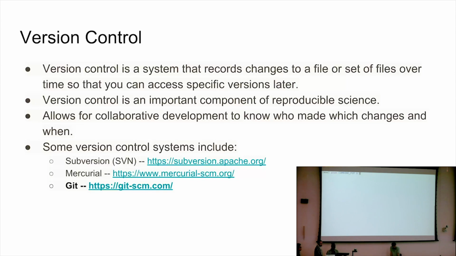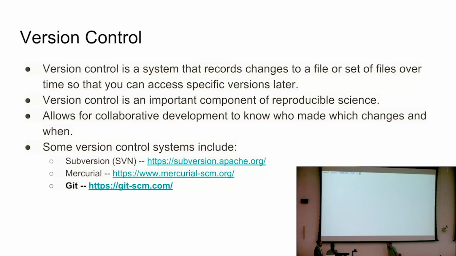And it also allows for collaborative development, which is very important. So you're able to know who made changes, when these changes occur, and the differences between your code and the code that they shared with you. And that's a lot easier than using something like Dropbox, where if two people are working on the same thing at the same time, you may end up overwriting each other's work, which could be very bad.